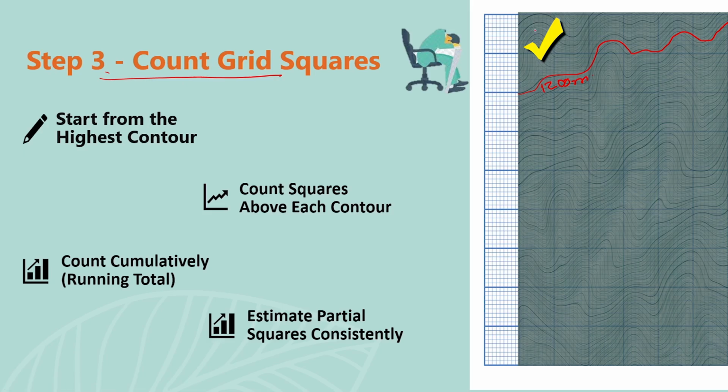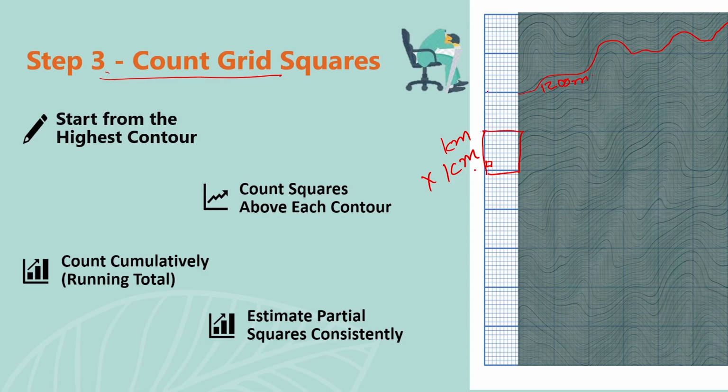Now I am going to count my squares here, and in this scenario the square that I am using is a 1 millimeter by 1 millimeter small grid, which means the larger square here is 1 centimeter by 1 centimeter.